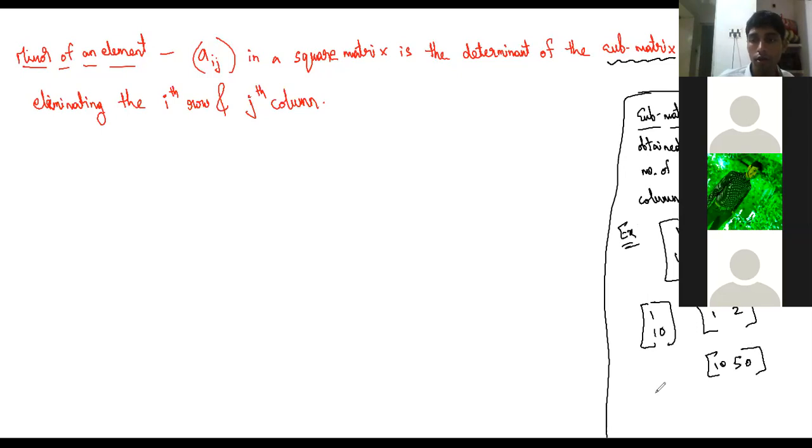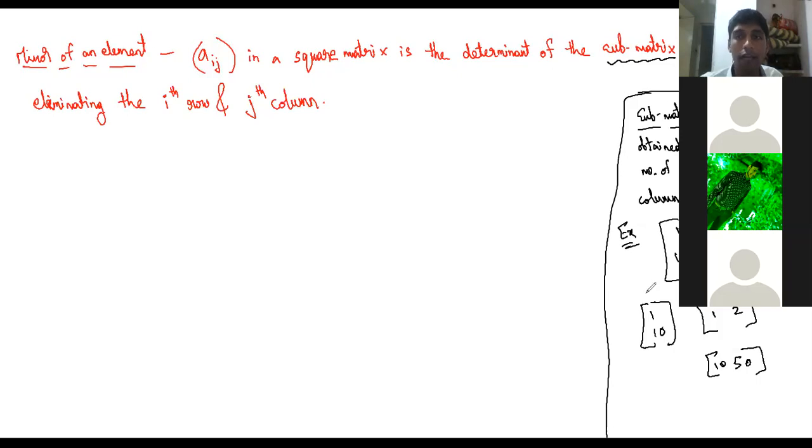Can I say 1, 50 diagonally is also a submatrix? No. So these are all submatrices.